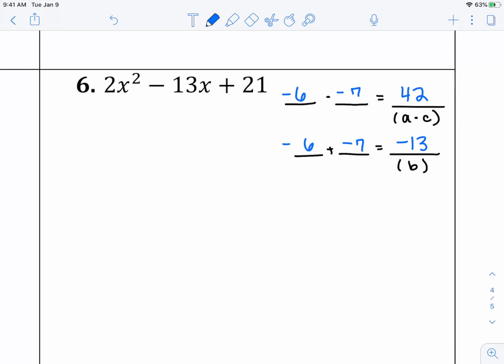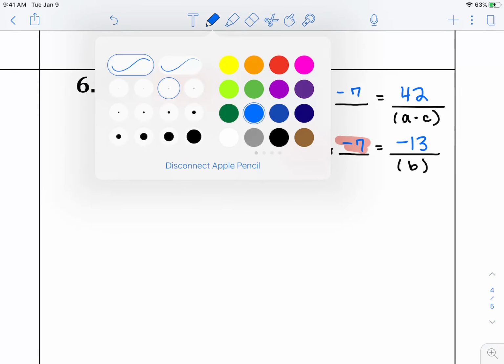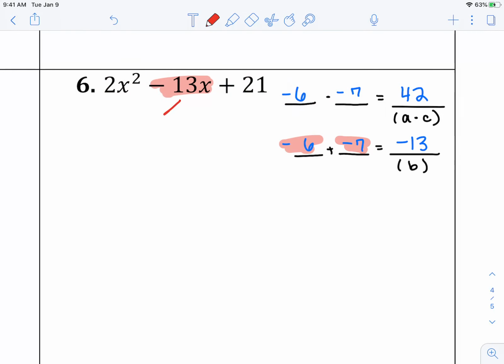Then I'm going to replace them. So this is going to be negative 6x, negative 7x, and then I have the plus 21 and the 2x squared. Then I factor by grouping.